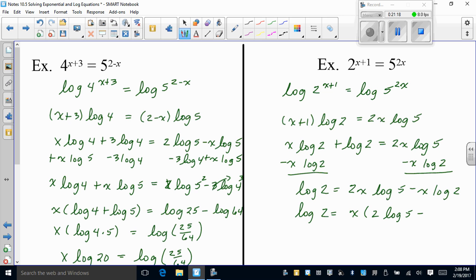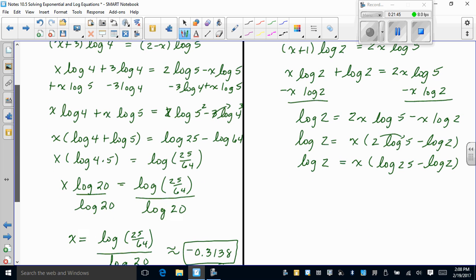Just like before, I'm going to take care of the power here. I'll go ahead and move the power up. So we have log of 2 equals x times log of 25, 5 squared, minus log of 2. And this is a division. So log of 2 equals x log of 25 over 2.